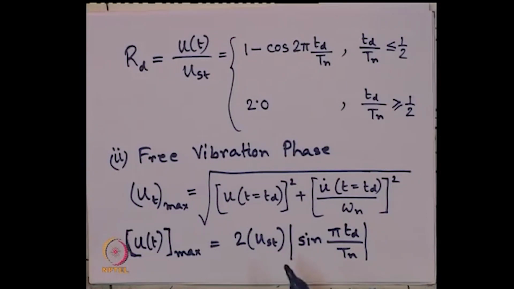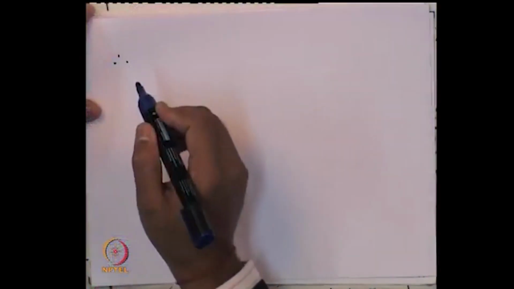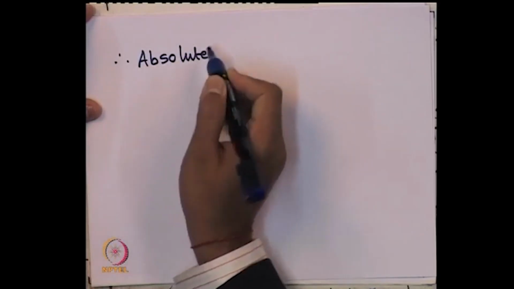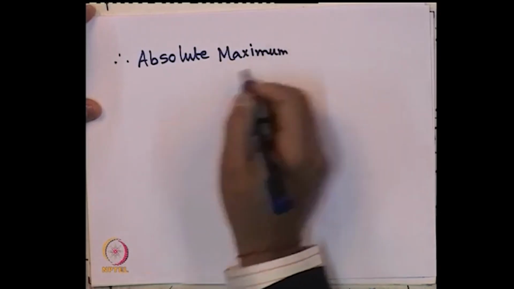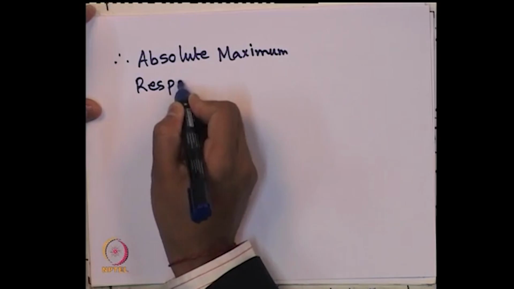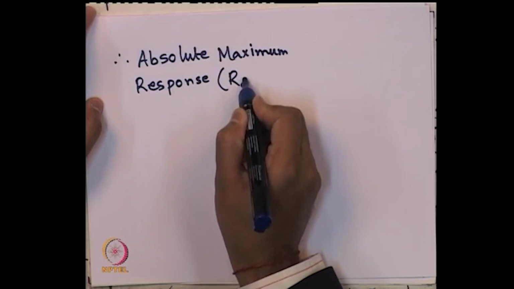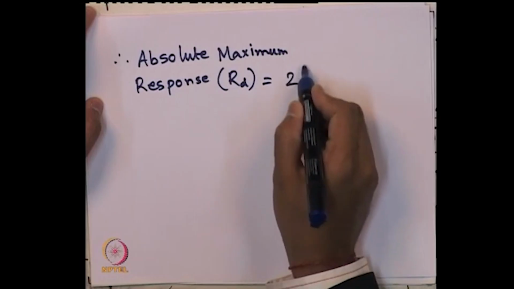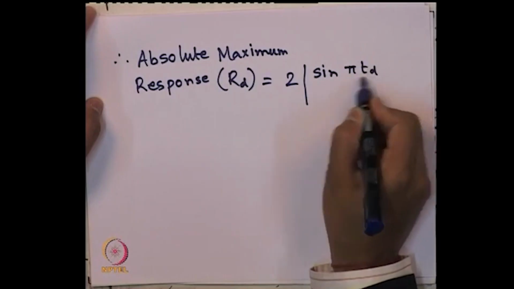So, with this, let me write the absolute maximum response once again. Therefore, the absolute maximum response, that is R d what we are expressing, can be written as 2 times sine of pi Td by Tn.